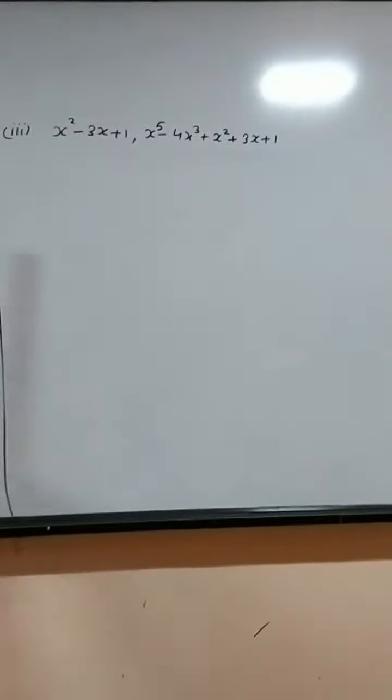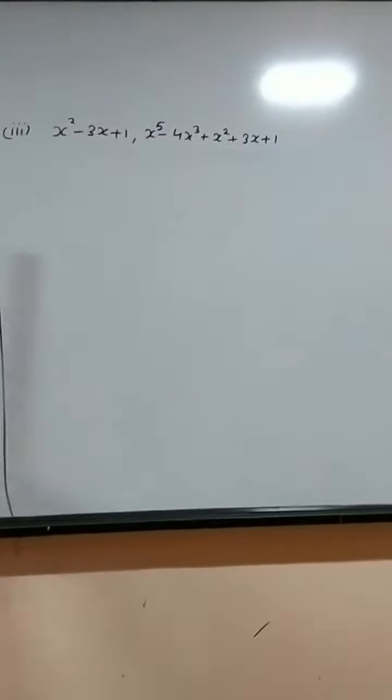Now next, alpha beta plus beta gamma plus gamma alpha. Alpha beta: the value of alpha is 1/2 into beta 1, plus beta gamma, 1 into minus 2, plus gamma alpha, minus 2 into 1/2. So 1/2 minus 2 minus 1, 1/2 minus 3, 1 minus 6 by 2.